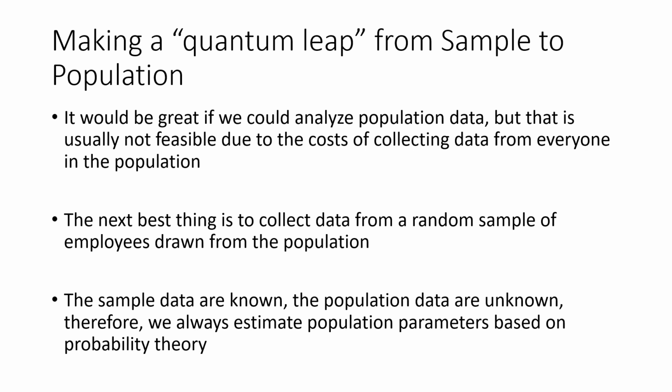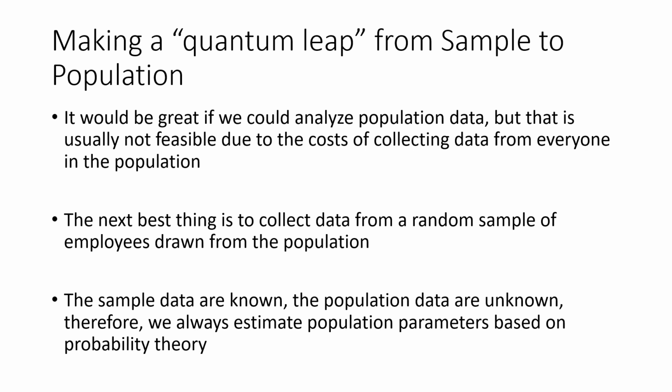In other words, if we had census data for every question that we wanted answered, it would be fantastic, because then we wouldn't need to use inferential statistics. Whatever relationship we found would be the reality of that relationship in that population. But usually populations are very large, so it's not feasible due to the costs and the time associated with data collection to administer a questionnaire to everyone in a population.